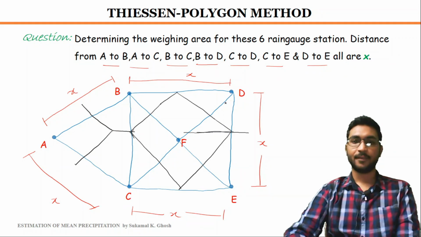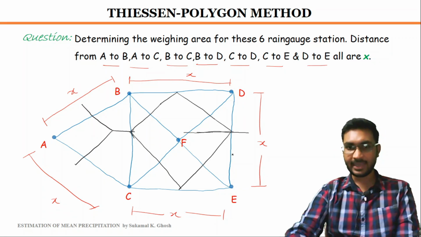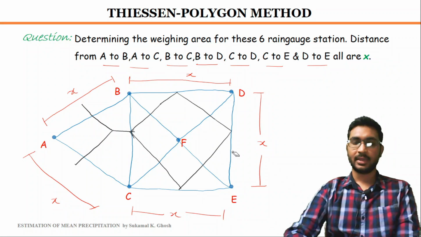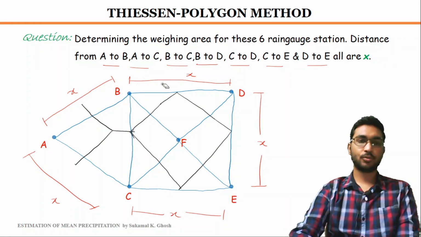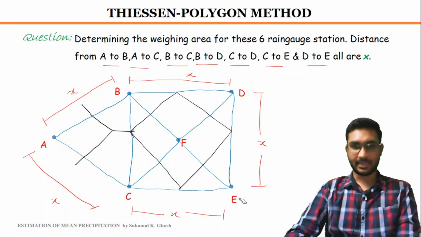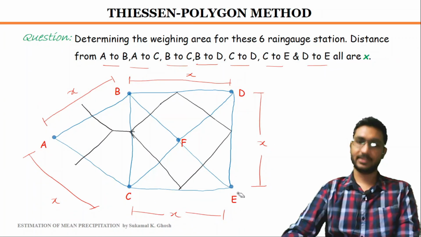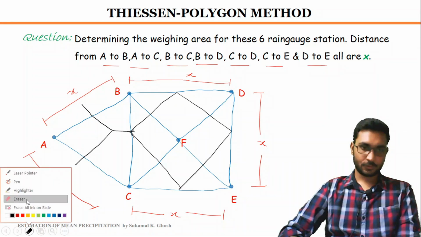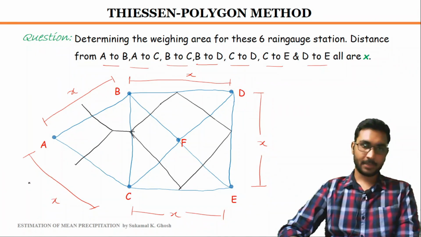That is why we don't need to draw this bisector on D and E. In the same way, we don't need to draw the bisector on B and D, C and E, for the same reason, that it will intercept the triangles. Now we have drawn all the bisectors.